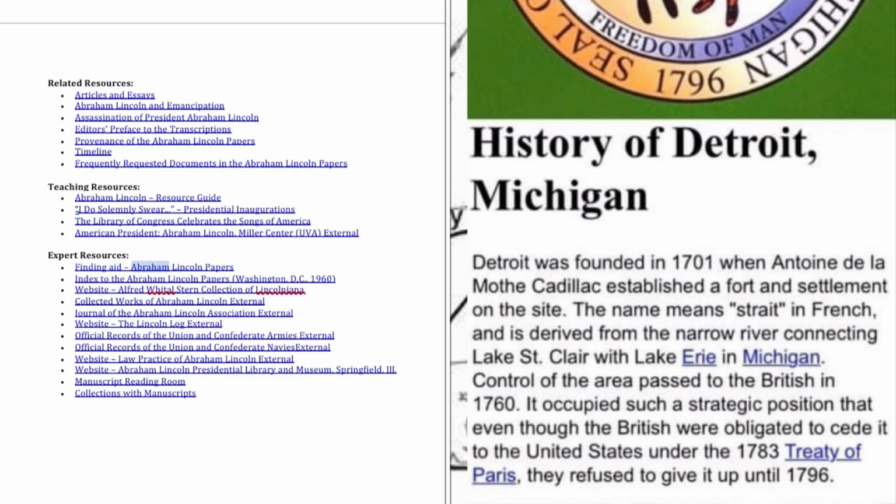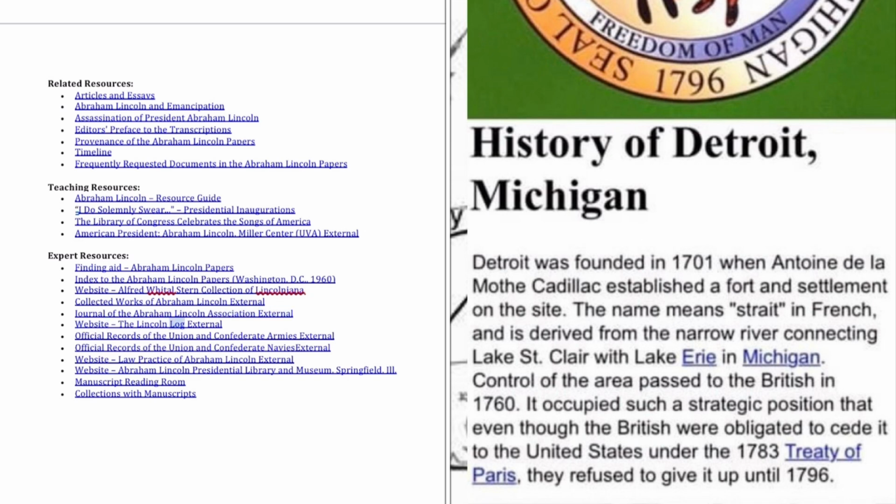Finding Aid, Abraham Lincoln Papers. Index to the Abraham Lincoln Papers, Washington, D.C., 1960. Website, Alfred Whittle Stern Collection of Lincolniana. Collected Works of Abraham Lincoln, External. Journal of the Abraham Lincoln Association, External.